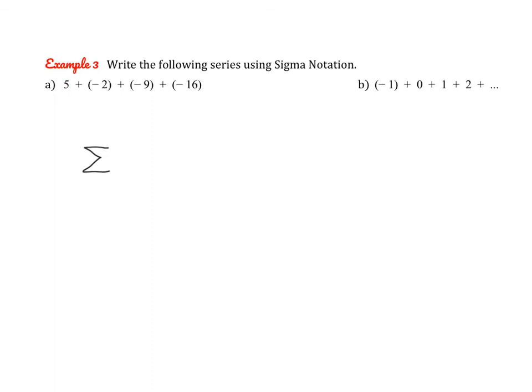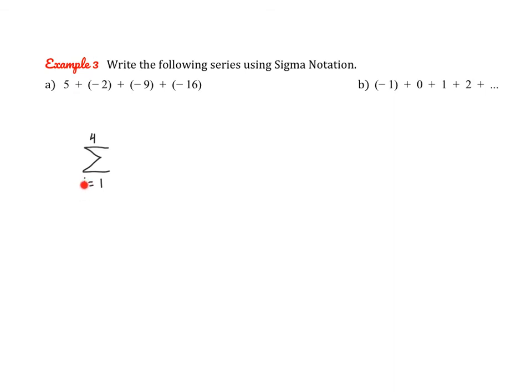Since we're starting with the first term, we say i equals 1. Again, we don't actually write what the first term is, we write the relative position in line. And then on top, I'm going to write 4 because we are adding up to the 4th term. This is the first term, second term, third term, 4th term.